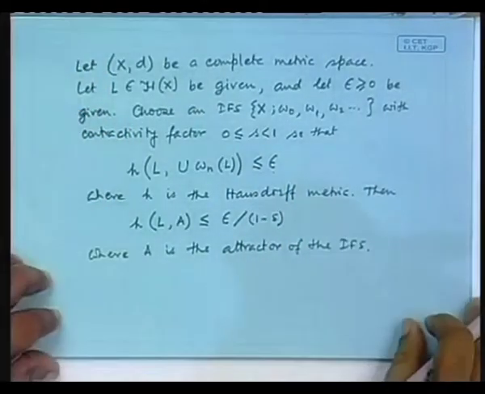Let us see how to apply this. Suppose I want to generate the square. Square is not a fractal, all right, but nevertheless this can generate any image. So, let us say I want to generate the square.